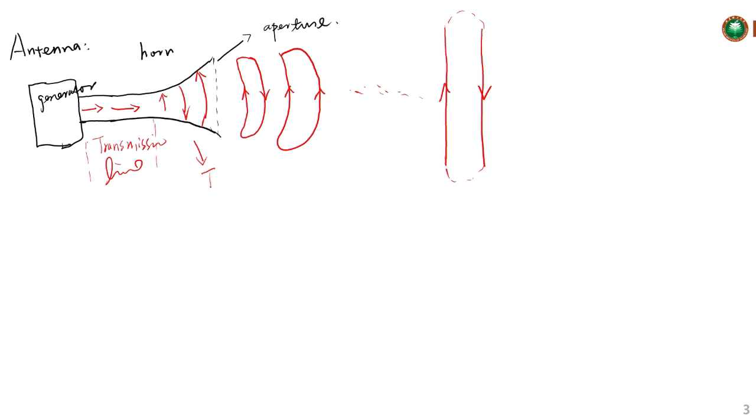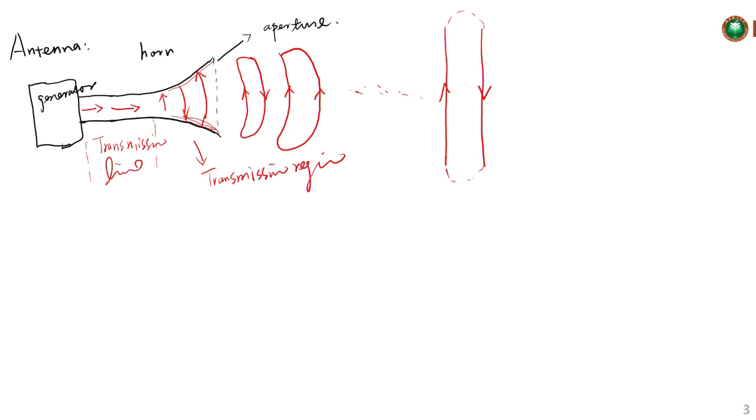Here it interacts with the surfaces of the Horn, and conduction current flows on the surface of the antenna. It interacts with the surface and is then converted to electromagnetic waves into free space.